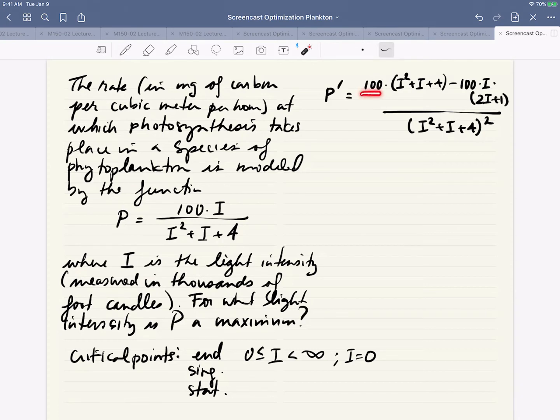In my numerator, I've got 100. That's a common factor. I could pull that out. And if I distribute this I through the 2I plus 1, we'll see we can write the numerator as 100 times I squared plus I plus 4 minus 2I squared minus I.